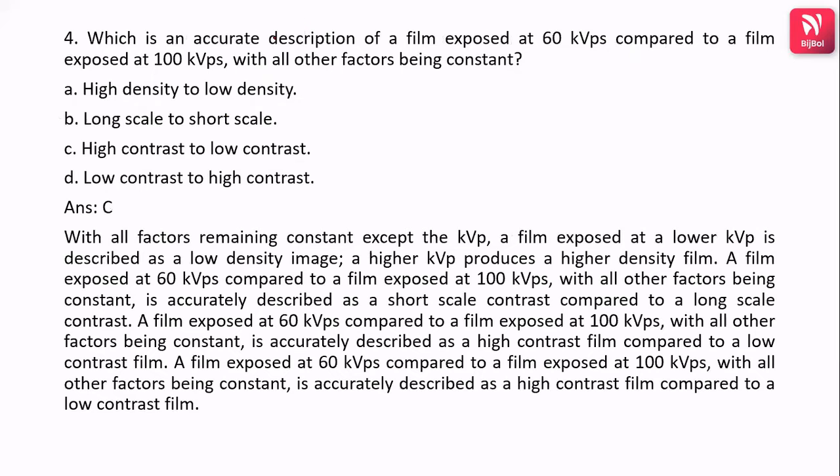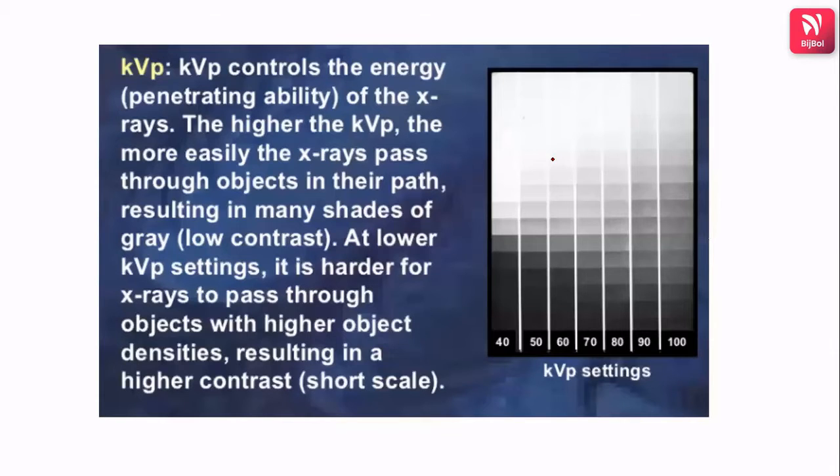Which is an accurate description of a film exposed to 60 kVp compared to a film exposed to 100 kVp, with all the other factors being constant? They are only talking in terms of kVp, and the remaining factors are constant. Let us see how kVp affects the contrast.